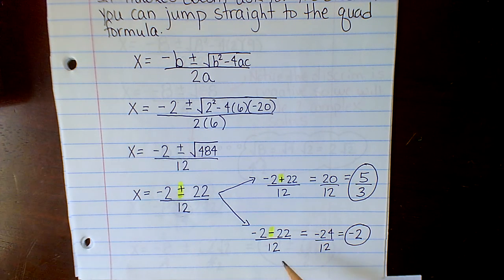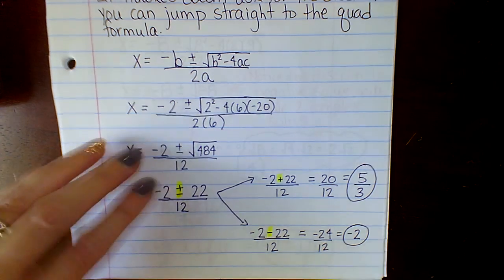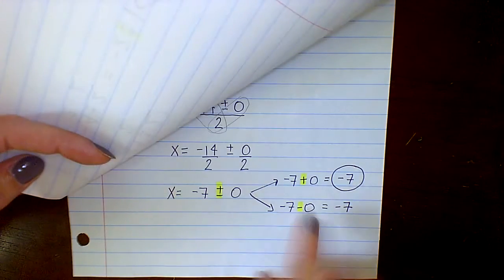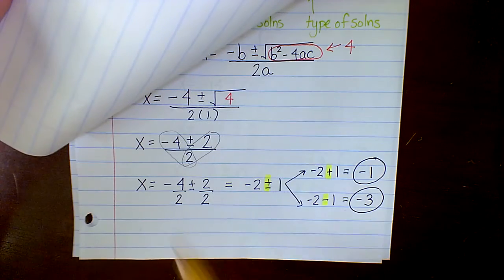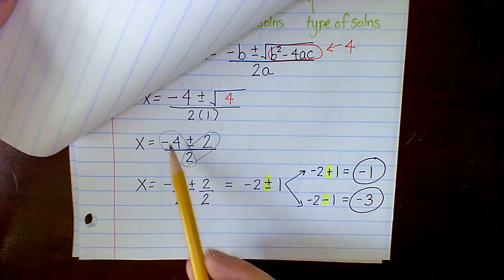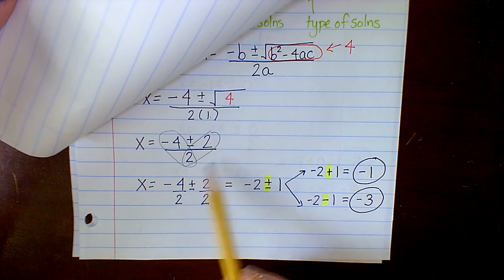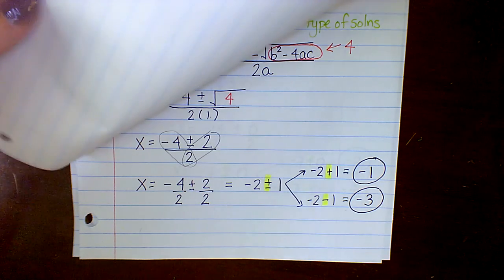I just left it together. You could have done that back here as well. Like back here, I could have just done negative 4 plus 2 all over 2 and negative 4 minus 2 all over 2. So I could have done that as well.